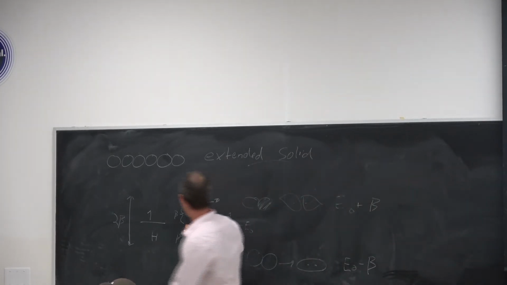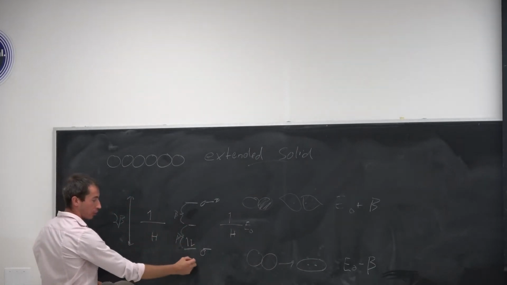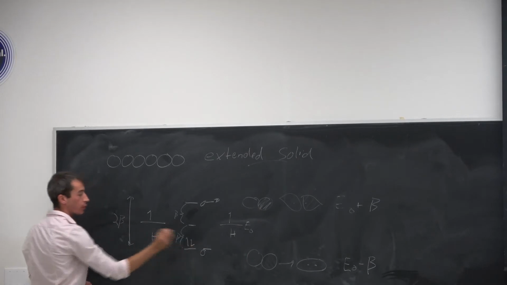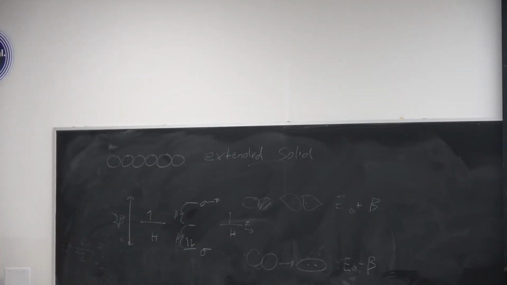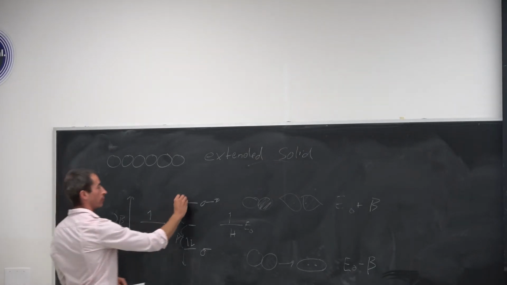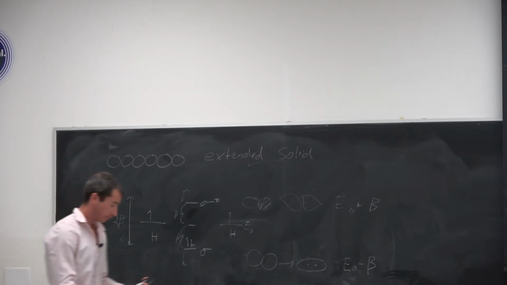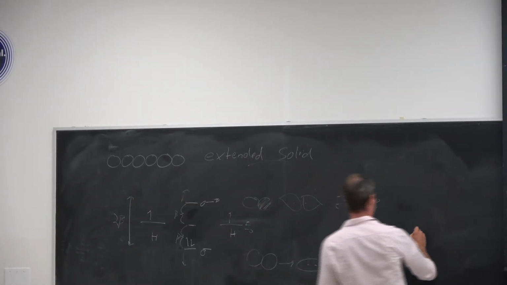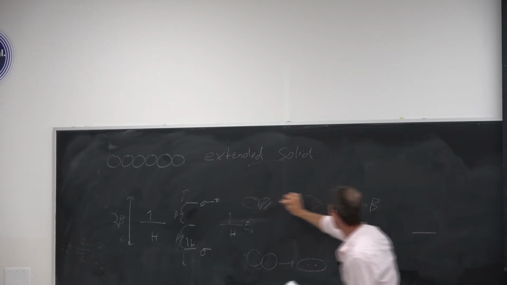Is the distance between E naught and the new sigma bonding going to decrease or increase? It's going to become bigger, right? It's going to move down. But there's going to be a new orbital in the middle. So we're going to get something that looks like, let's try to draw it properly.